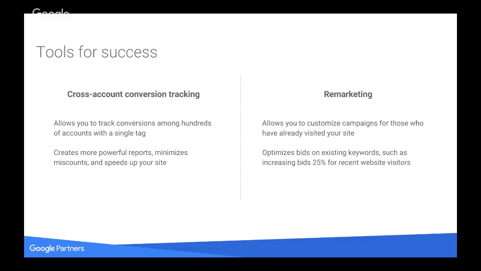So a useful feature with remarketing is that you can create custom lists, things like people who've visited a specific section of your website, or cart abandoners, or even converters, assuming that someone who's already seen your business or already taken part in your service is more likely to come back and give you another conversion.